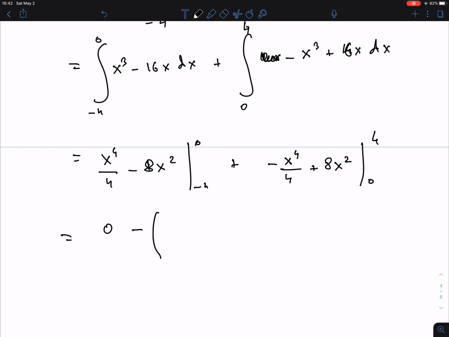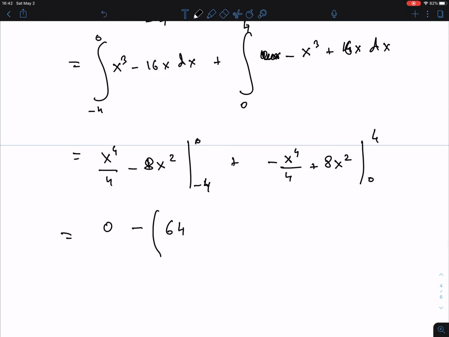Negative 4 to the power 4 divided by 4: if you take the fourth power, that's a positive number. So the fourth power of 4 divided by 4 is the third power of 4, that's 64. Minus, and then here I get 16 times 8, that is 128.